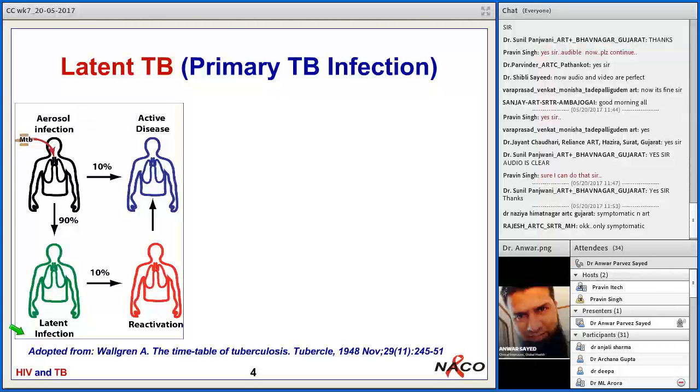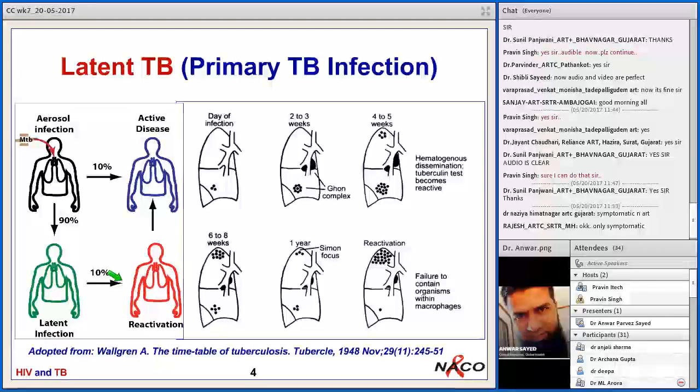A latent infection is a hidden infection, which means that there are no clinical signs and symptoms, but a person has TB bacilli in his or her body, and there is a 10% chance that in future this will result in reactivation of tuberculosis, which might happen whenever there are favorable conditions for the TB organism.